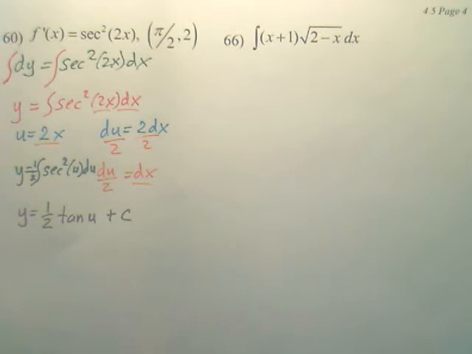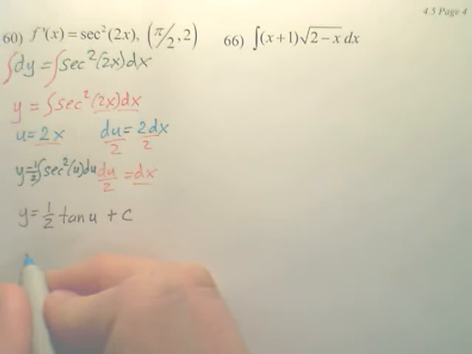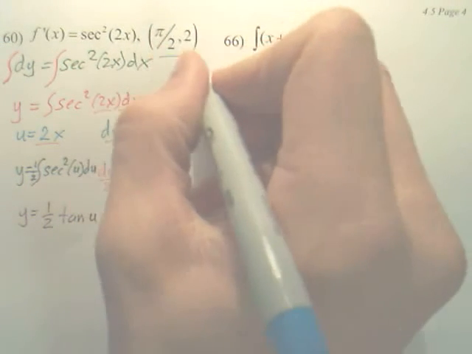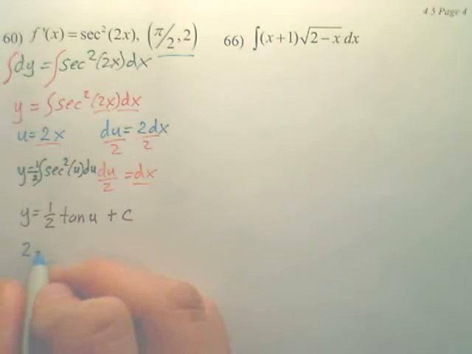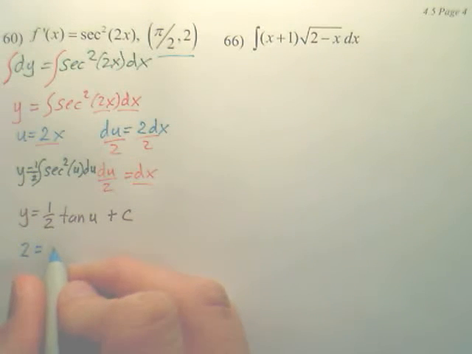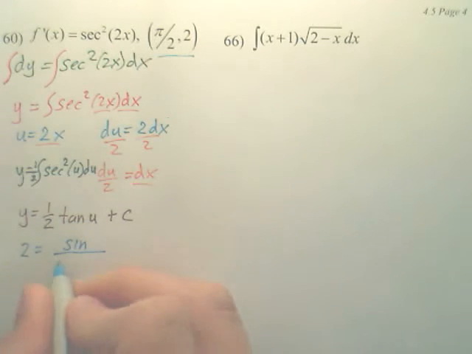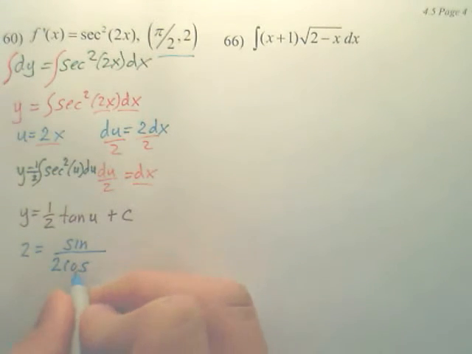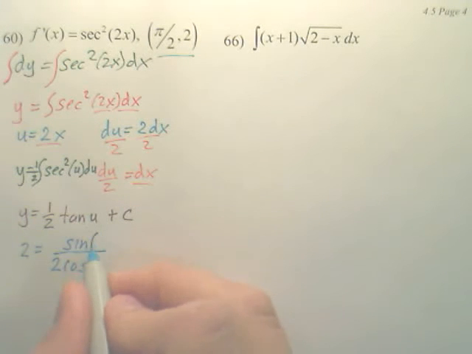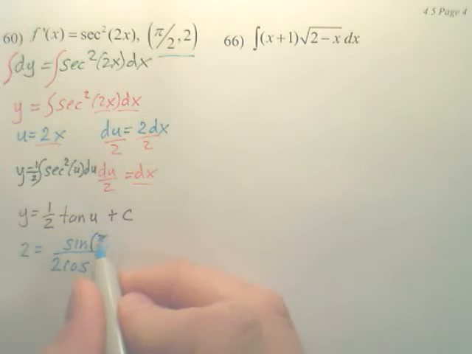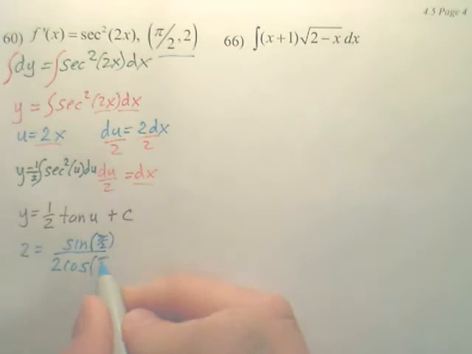Okay. So let's plug in everything. Let's plug in our coordinate. This is going to be 2 equals, can I change tangent to sine over cosine? And this is a 1/2. Tangent is sine over cosine. And what are we plugging in for x? Pi over 2.